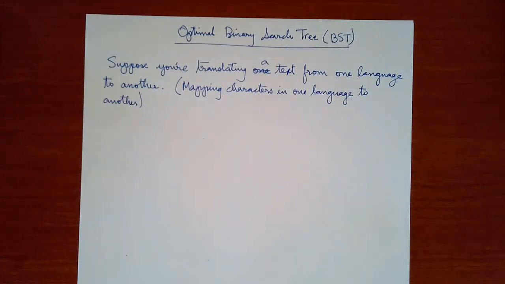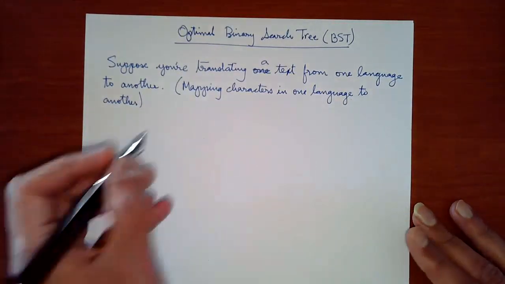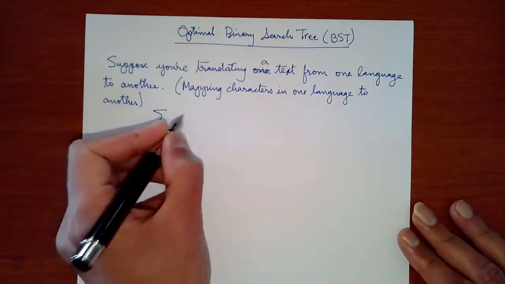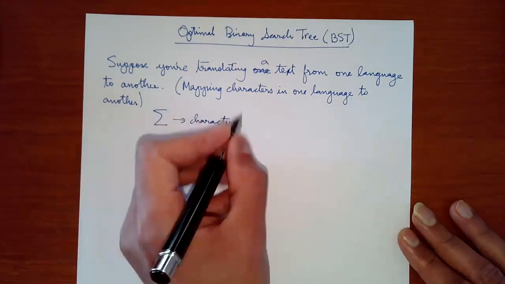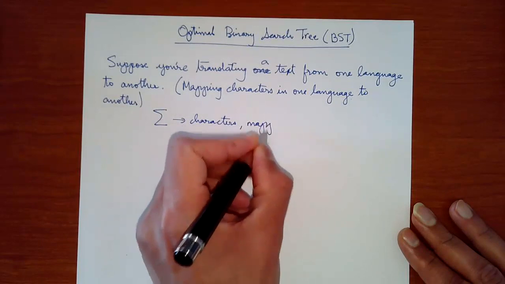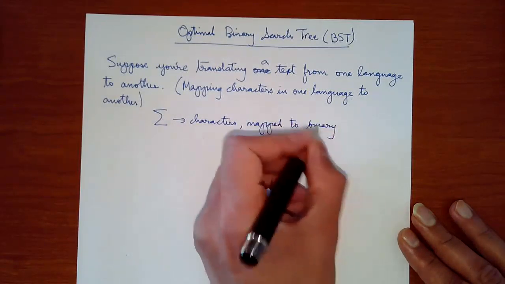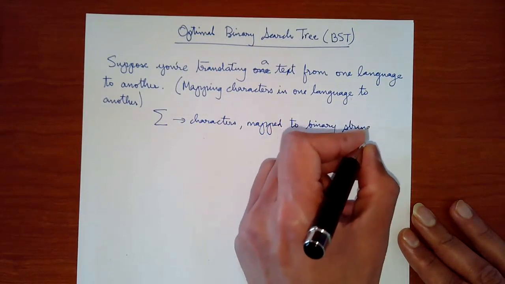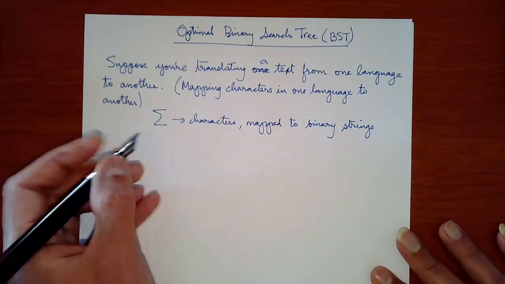We might even think of it as: let's imagine that you have some set sigma of characters mapped to binary strings. So there's some mapping.